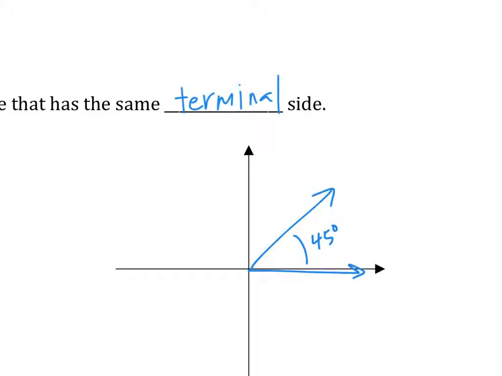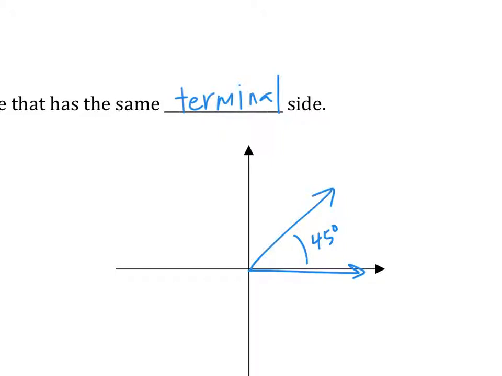So if you go negative 315, you're back here. 360 is the degree of the whole circle. You're going backwards 315, which is basically 45 from where it should stop. If you go 360, you would go back to 0 degrees. If you go backwards 45, you would be at 315.